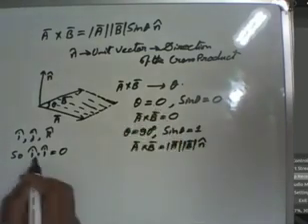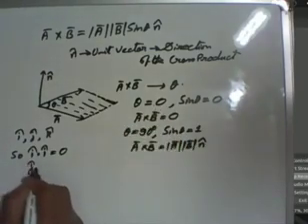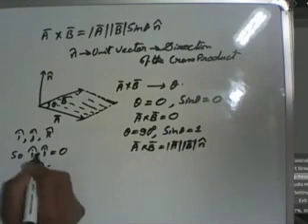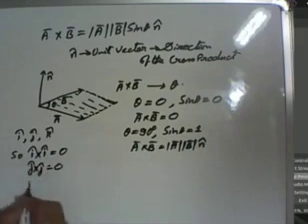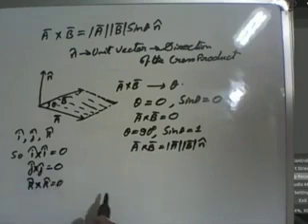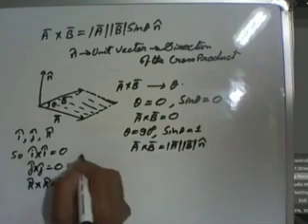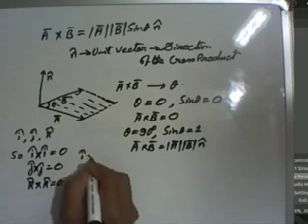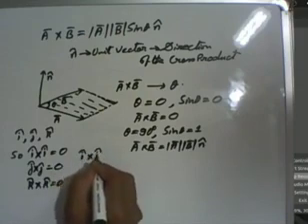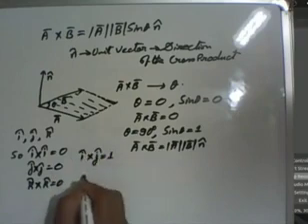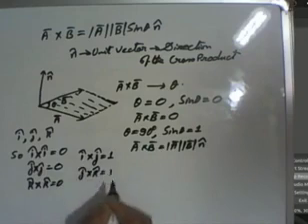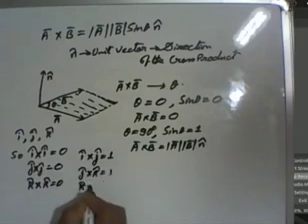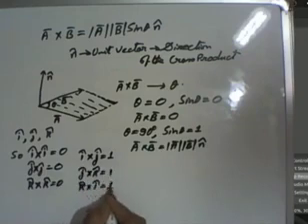J cross J is equal to 0 and K cross K is equal to 0. And the other way around, I cross J is equal to 1, J cross K is equal to 1, K cross I is equal to 1.